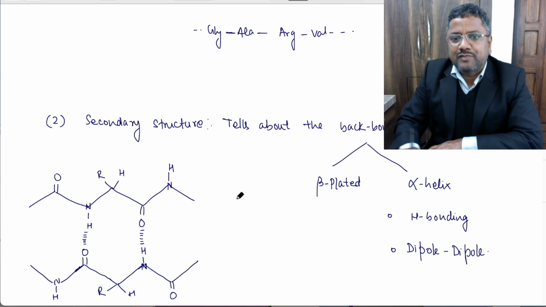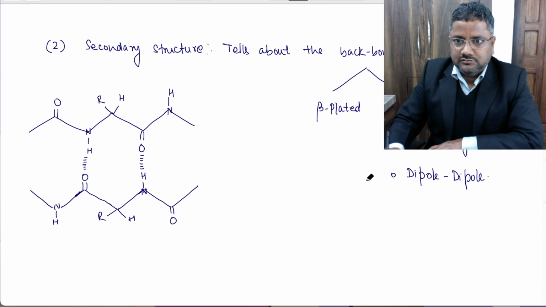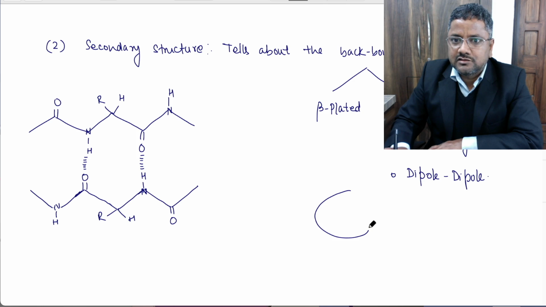So this is the pleated structure, beta pleated structure, and then the alpha helix. This type of folding is there.